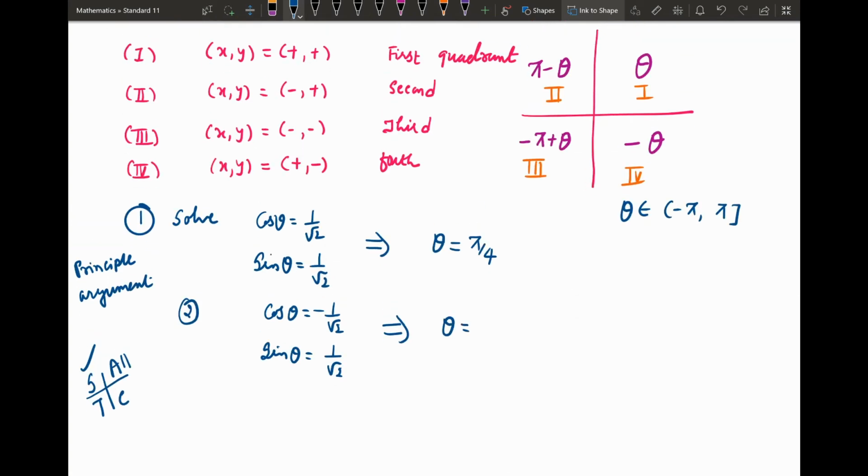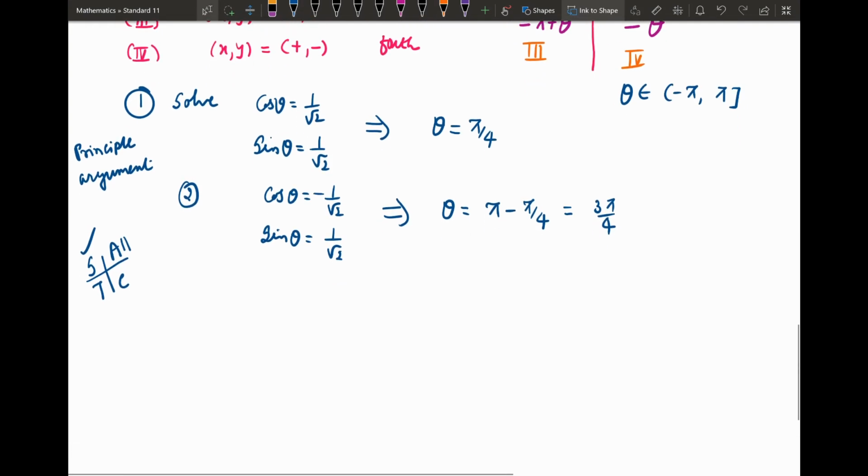Without sign, cos theta 1 upon root 2 or sin theta 1 upon root 2 is possible if and only if theta is pi by 4. So using the pi minus theta formula, the principal argument will be pi minus pi by 4, which is 3 pi by 4. So first quadrant theta, second pi minus theta, third minus pi plus theta, fourth minus theta.